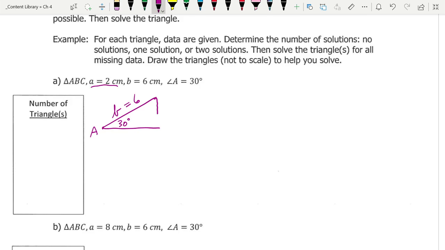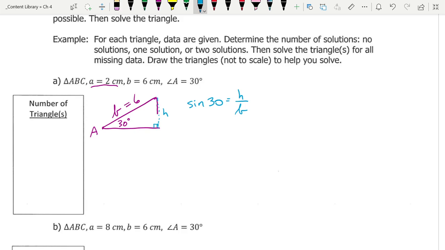But how do I prove it? Well, I prove it like this. If this line just made it to the bottom, it would be a height in a right triangle. And if it was a height in a right triangle, we could use SOHCAHTOA, because the sine of 30 would be opposite, this h, over the b side, which is 6, which is the hypotenuse.